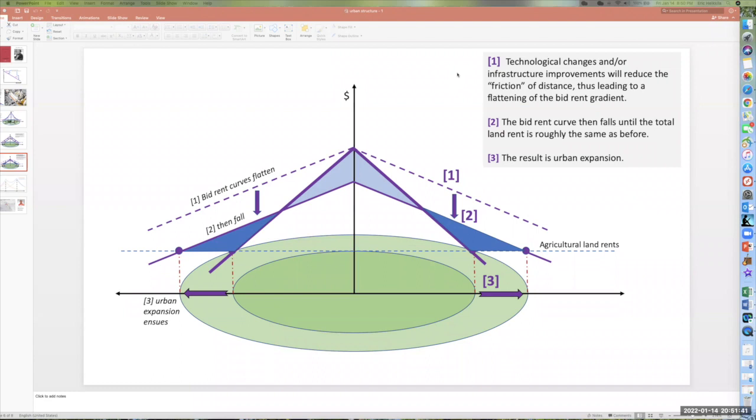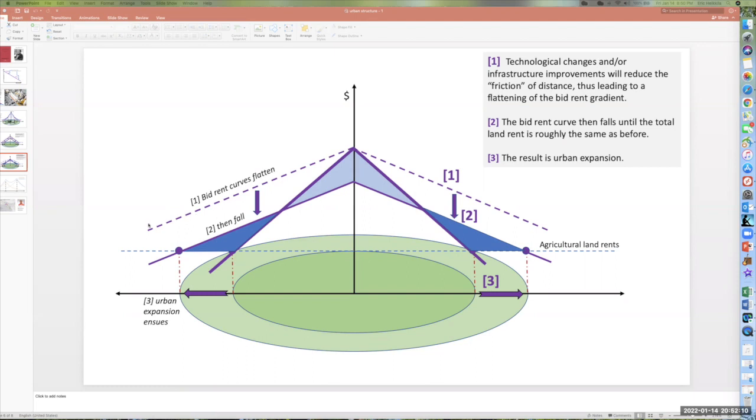And that's shown here at movement number 1, which shows that the bid rent curve, which was steep to a certain extent, now becomes flatter, because the additional value associated with being an increment closer to the core is less, because we can overcome that impediment of distance more easily.